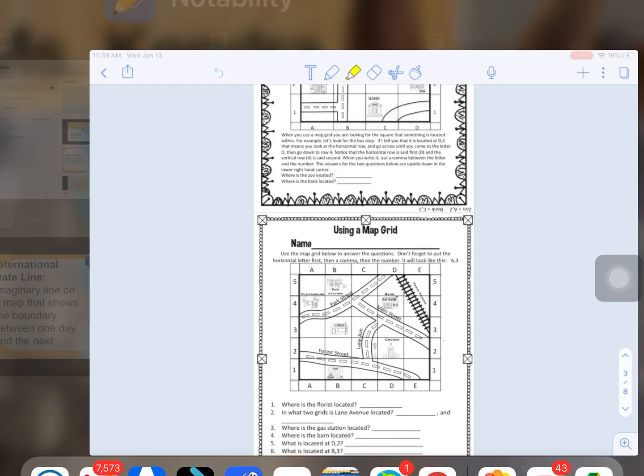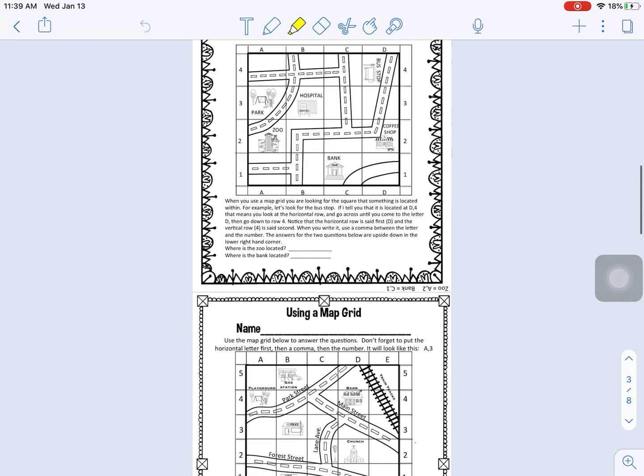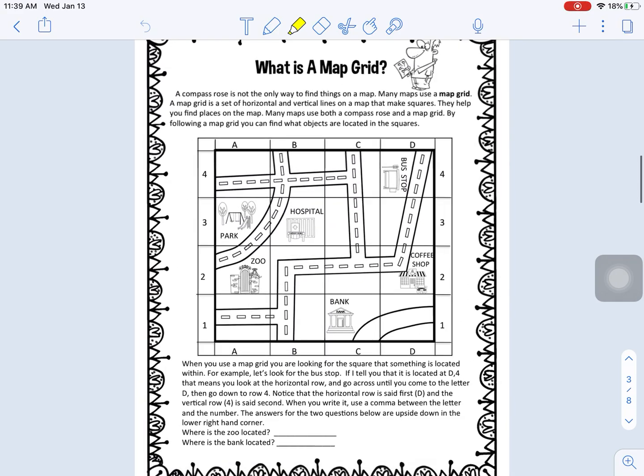We're going to take a look at another example. This probably looks a little more familiar. This is similar to what you did previously. Let's take a look at this page here. What is a grid map? A compass rose is not the only way to find things on a map. Many maps use a map grid.